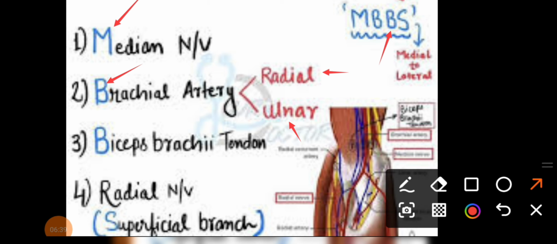The other B in MBBS helps to memorize the biceps brachii tendon. The S will help to memorize the radial nerve, the superficial branch. So the superficial branch of the radial nerve is present most lateral in the cubital fossa.